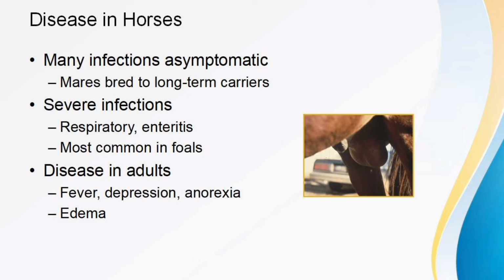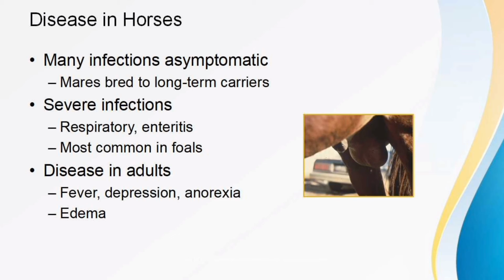Most equine arteritis virus infections, especially those that occur in mares bred to long-term carriers, are asymptomatic. In adult horses, the clinical signs may include fever, depression, anorexia, limb edema, particularly in the hind limbs, and dependent edema of the prepuce, scrotum, mammary gland, or ventral body wall.